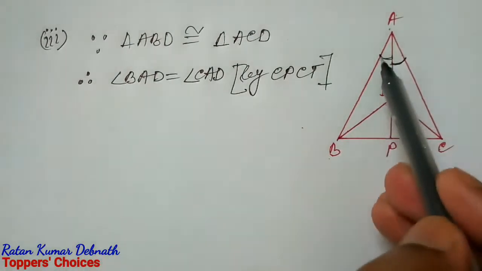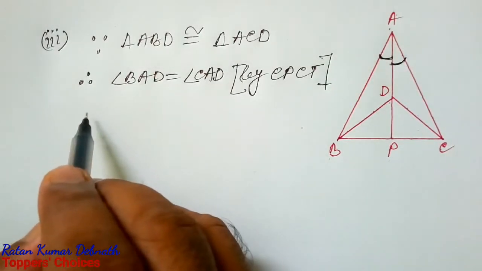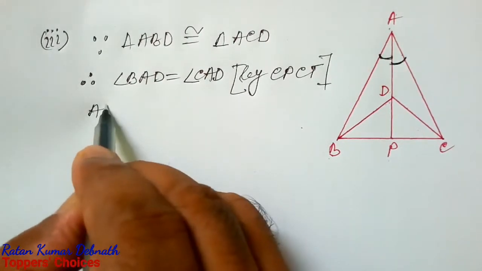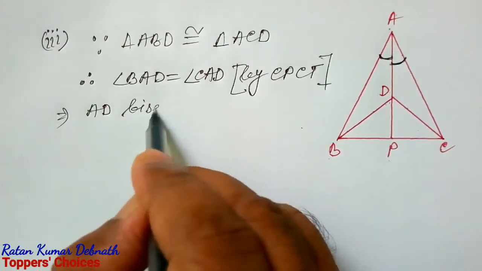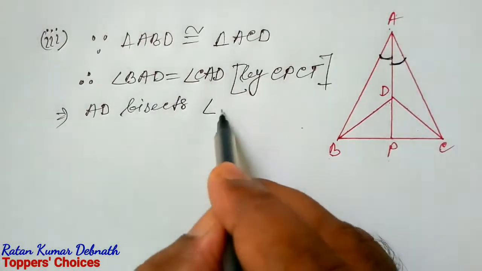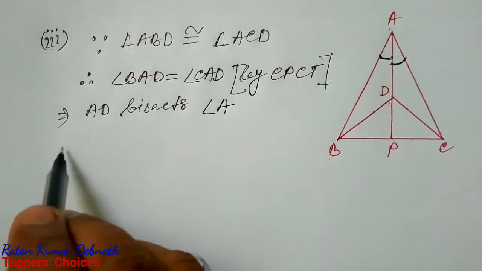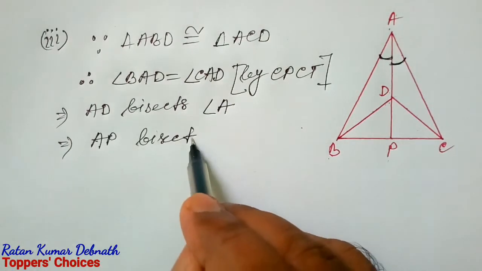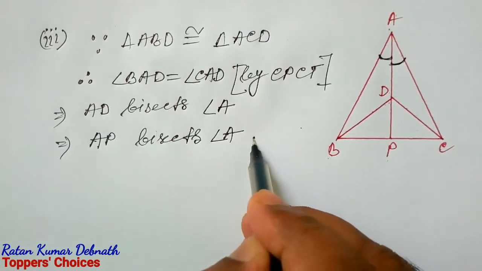Since these two angles are equal, therefore we can say AD bisects angle A, that is AP bisects angle A.